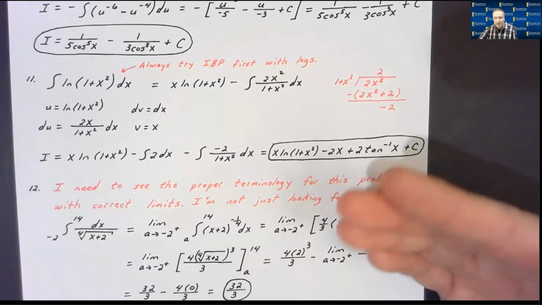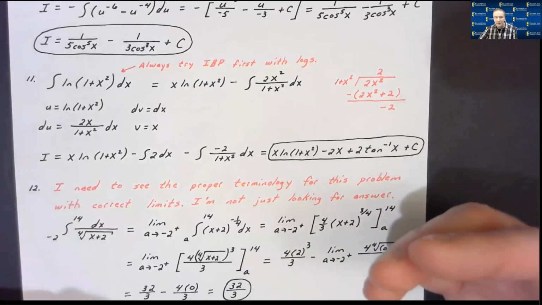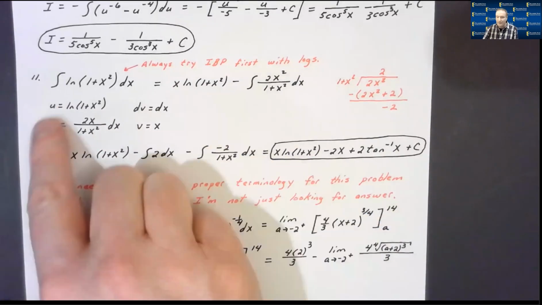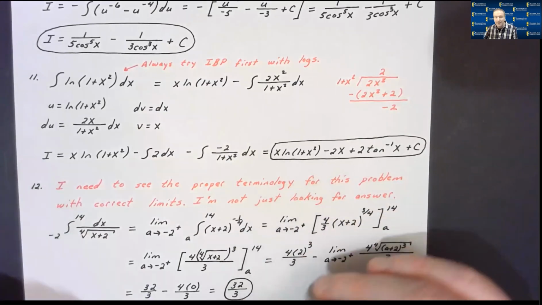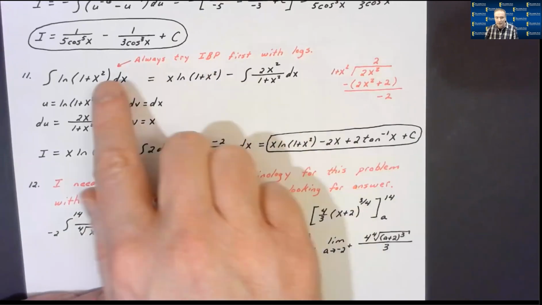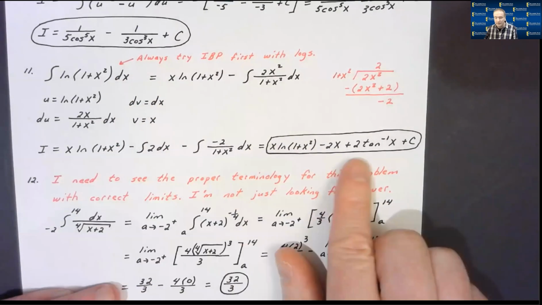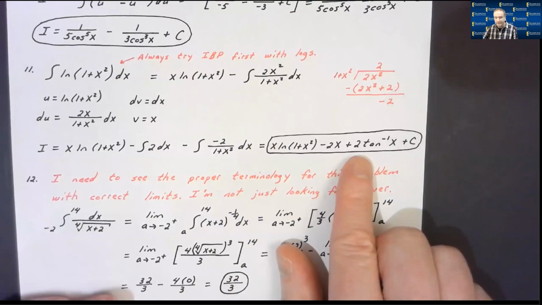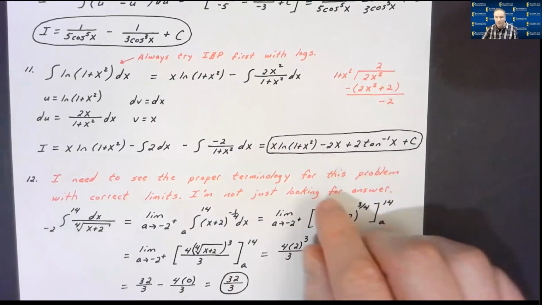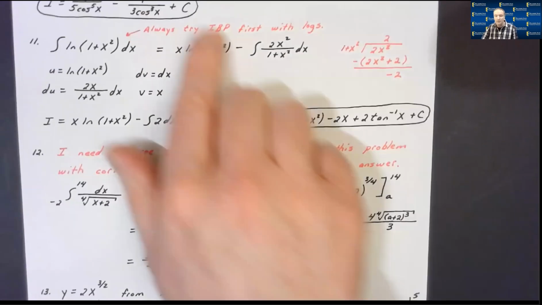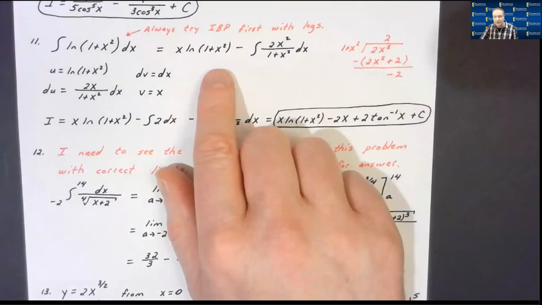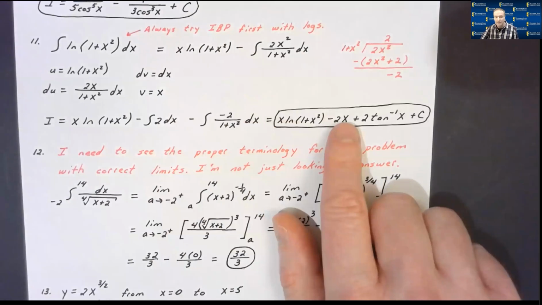A lot of these problems, you don't have to have the work laid out exactly like I do, although I take great pains to make sure I show my work well in these problems to where anyone should be able to follow it. But you don't have to do the work like I do. As long as you can get to the answer and have some semblance of supporting work, it'll be fine.